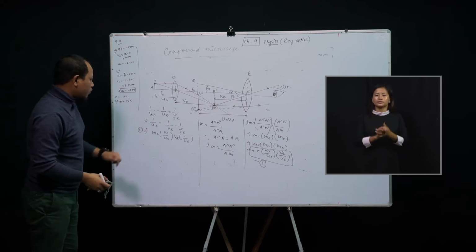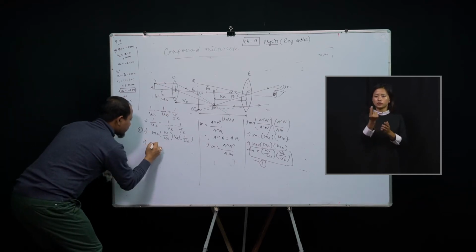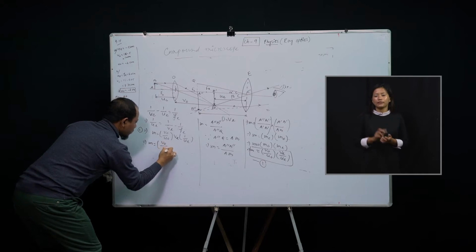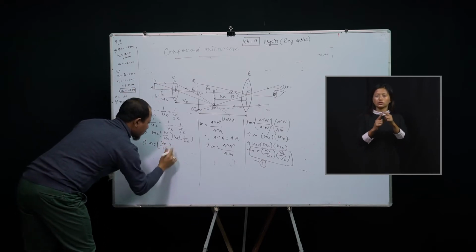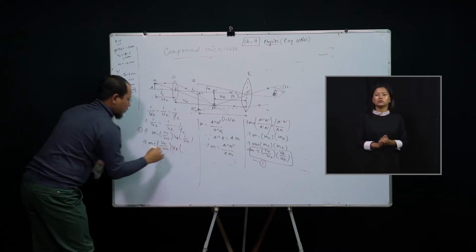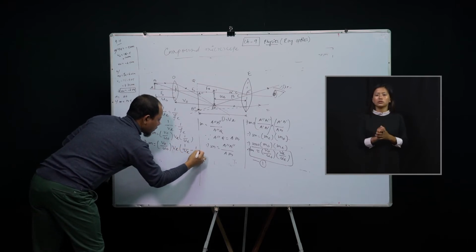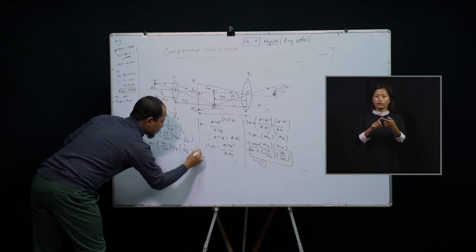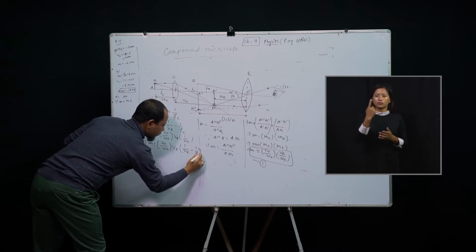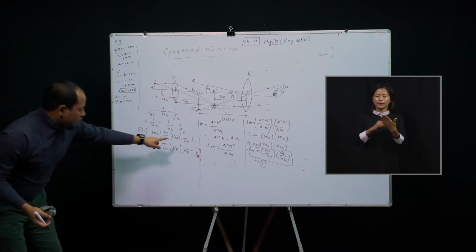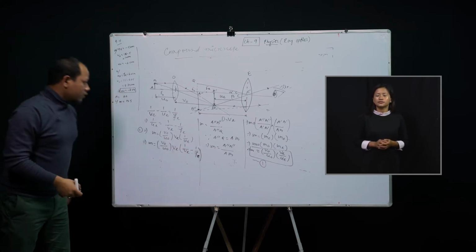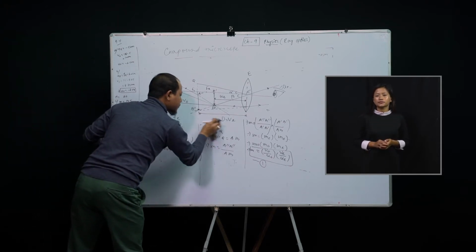Now let's put the value of 1 by UE, which is 1 by VE minus 1 by FE.